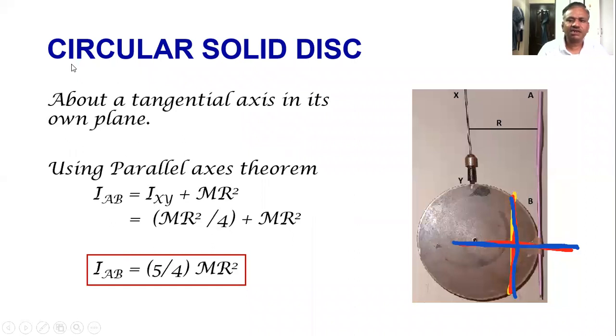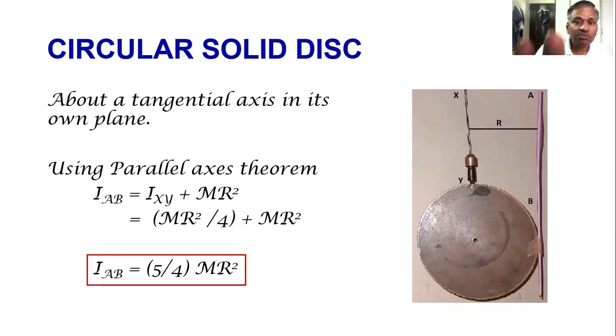Okay. Next one. Here, about a tangential axis in its own plane, not perpendicular, in its own plane. Okay. Now, students, this is about its diameter.